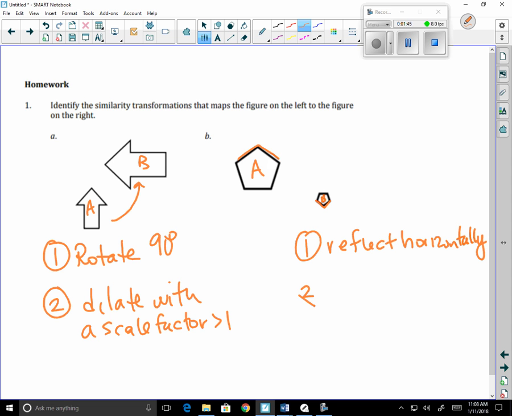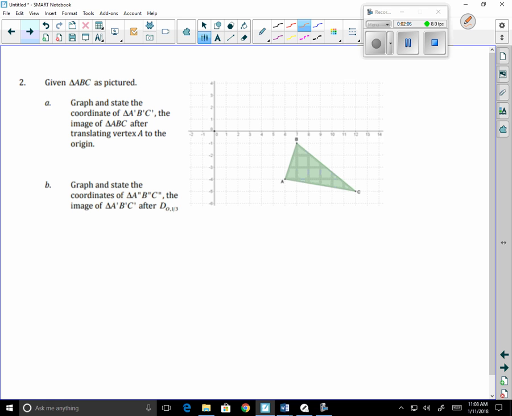And the second thing I have to do is dilate with a scale factor less than 1, because it's getting smaller. So again, be specific. Don't just write rotate, dilate. You want to say by how much and try to give as much information as possible.